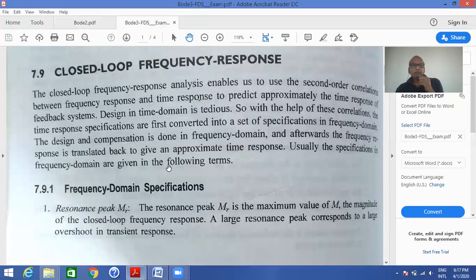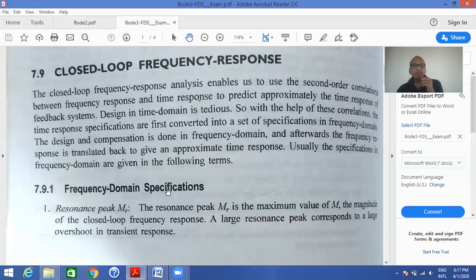Then some of the frequency domain specifications, the FDS, which we already discussed: normalized transition frequencies, normalized resonant frequencies, then the resonant peak.